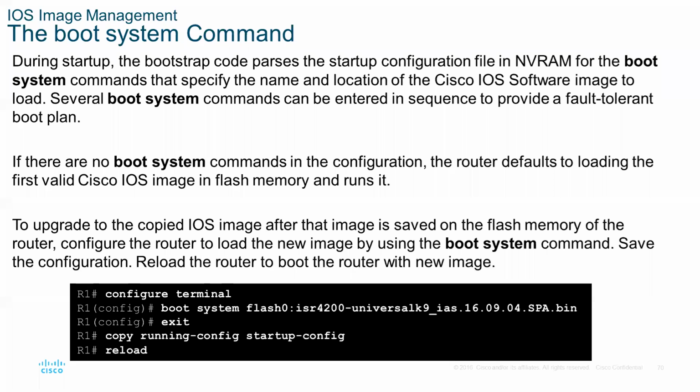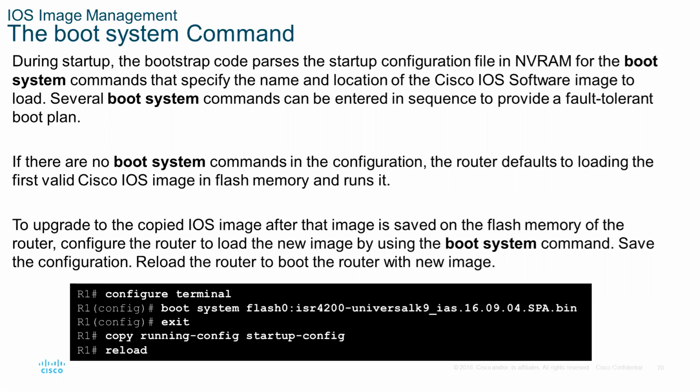Now, if for some reason we're doing it as a recovery, we may need to do things a lot differently. But we can also specify where this operating system resides. So with the command boot system, we tell the device where to find its operating system.